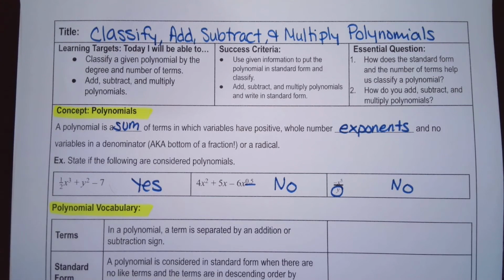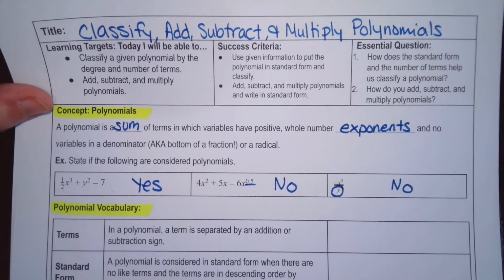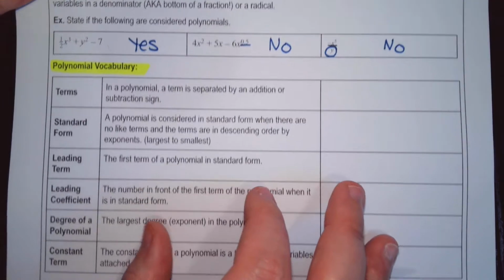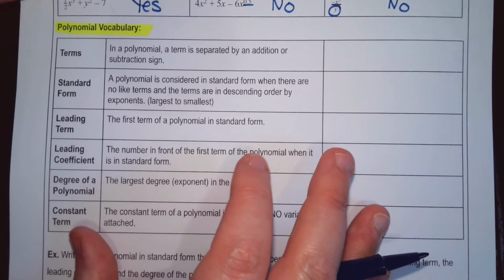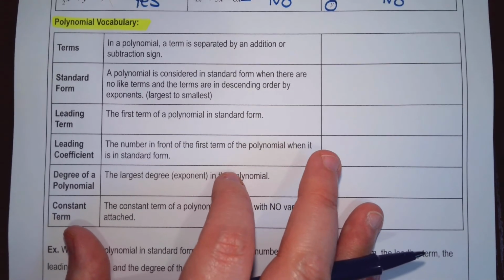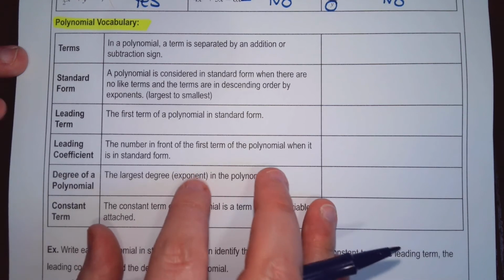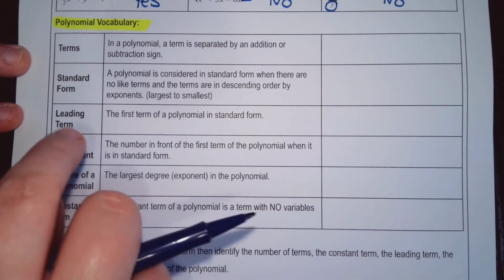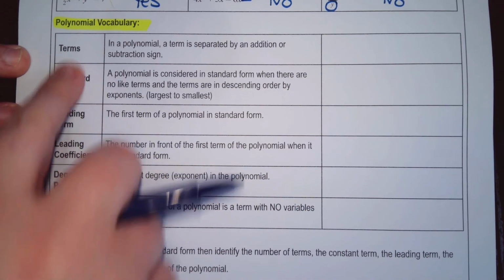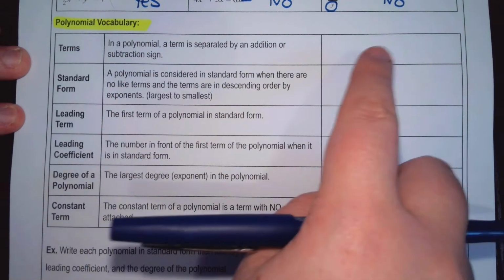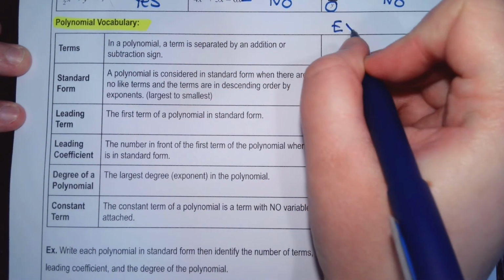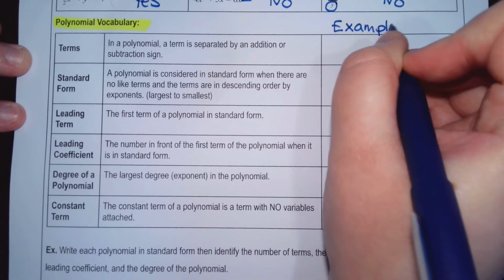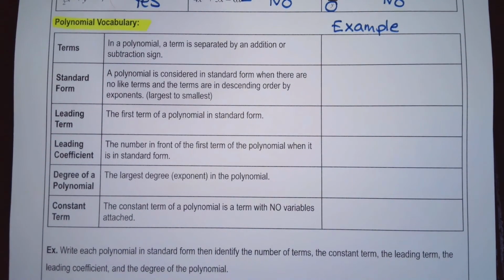So now that we know what a polynomial is and is not, let's take a look at some vocabulary. Yes, we haven't really done much vocabulary, but polynomials are very important. So we have the vocabulary, the definition, and right here we're going to give an example of each.